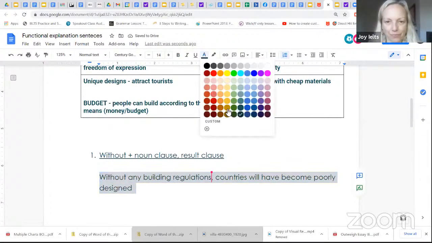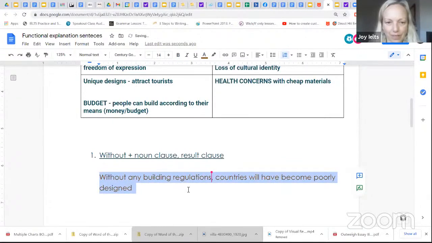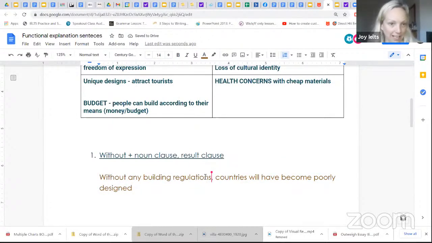Without any building regulations, good, countries will have become poorly designed. Now, this here, will have become, is called the future perfect, and that's something that is a result before a time in the future. It's not actually 100% accurate here, but the will is accurate.